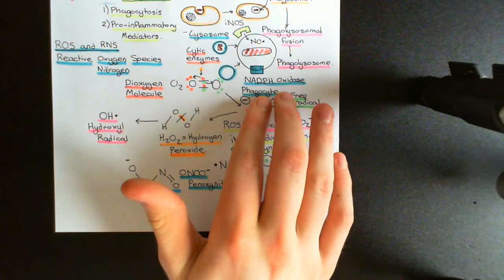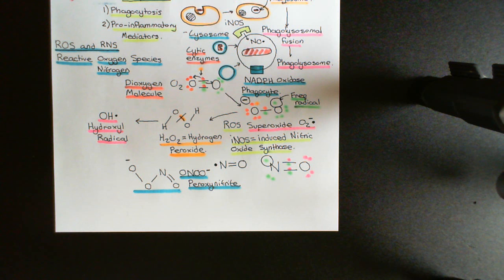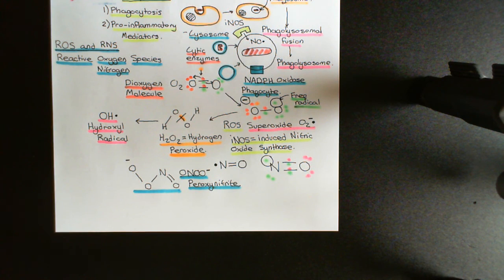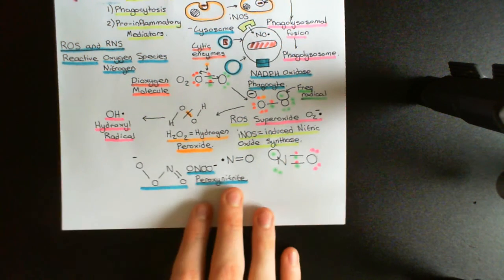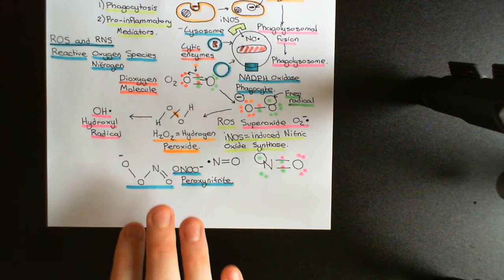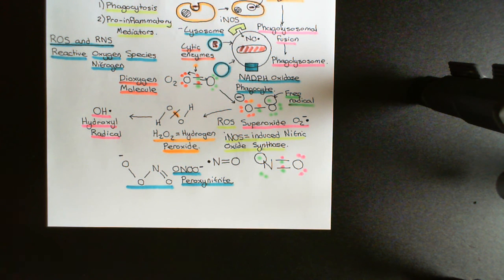So you build the NADPH oxidase enzyme complex on the surface of the phagolysosome, which will produce superoxide, which can then lead to the production of hydrogen peroxide and hydroxyl radicals, all of which are extremely reactive molecules. You also bring in this iNOS enzyme, which will produce nitric oxide. Nitric oxide will come into the phagolysosome, react with superoxide to produce an example of a reactive nitrogen species, which I've given you here, which is peroxynitrite, a very powerful molecule. These reactive oxygen species and reactive nitrogen species, the idea is they're also going to lead to the breakdown of the pathogen.